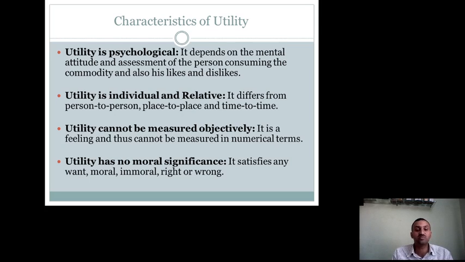The person who is smoking may also be considered for utility. But in society, these things may be treated as immoral. Here, utility has no moral significance. It is only to study the concept and the calculation of utility. So these are the characteristics of utility.